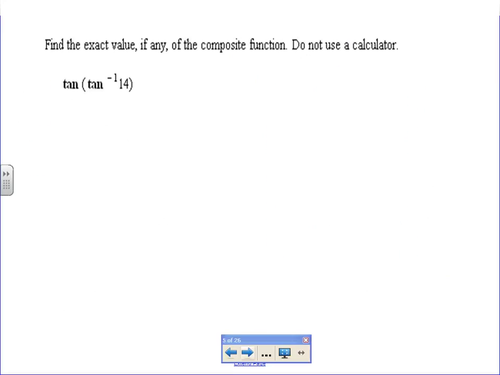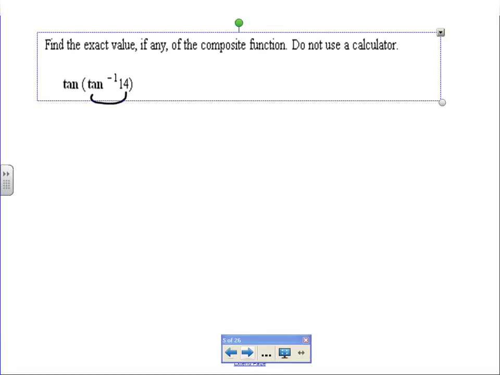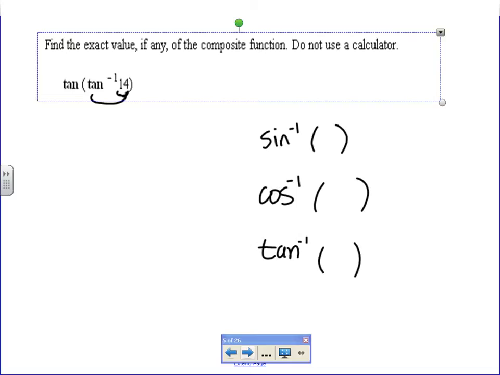Now, let's go on. All right, find the exact value here. So let's just notice, all we have to really worry about when we have inverse tangent inside here is about this value. So let's recall some things about the domains of our inverse functions, just as a review here. So if I do inverse sine of something, or inverse cosine of something, or inverse tangent of something, so let's look at our possibilities here.